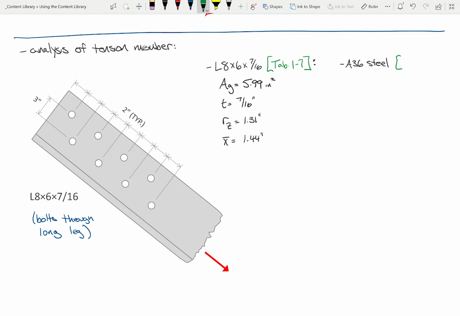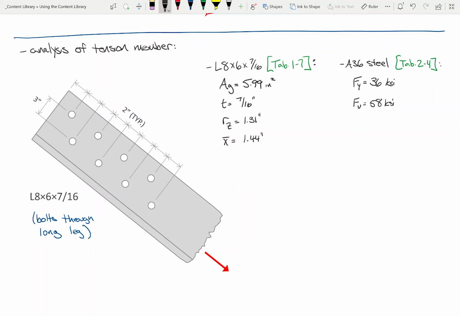How about the steel? I think we said that this was A36. What does that tell us? Okay, Fy and Fu. What are Fy and Fu? Yep. And Fu is 58.